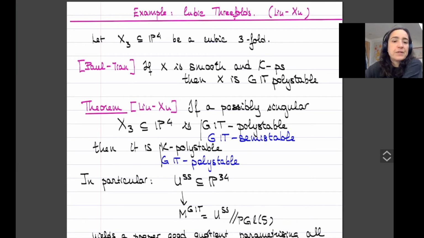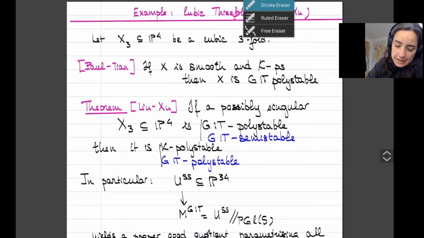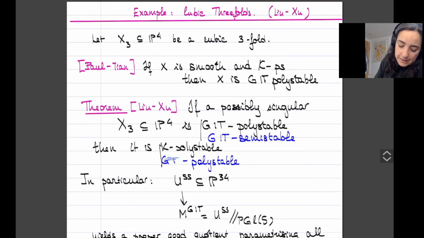What Liu and Xu proved is that if you have a possibly singular cubic hypersurface which is GIT polystable, then it is K-polystable. And if it is GIT semistable, then it is K-semistable.